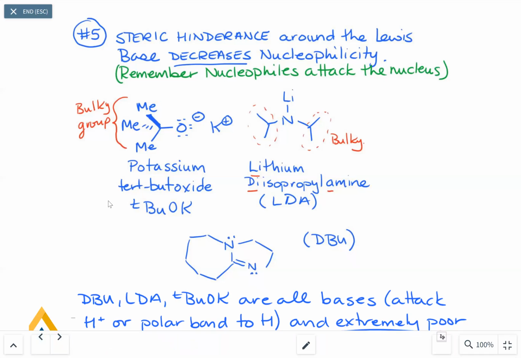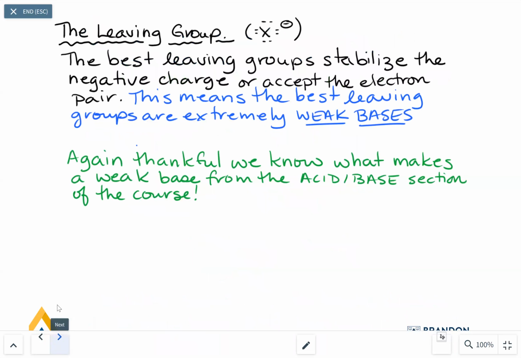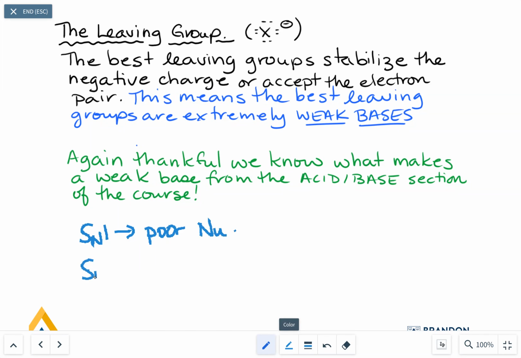So the key point here is that if you want to do SN1, you will choose a poor nucleophile. For SN2, you will choose a good nucleophile.